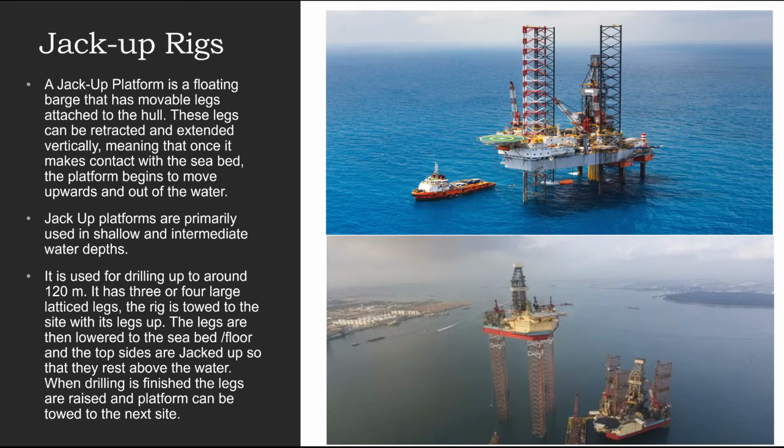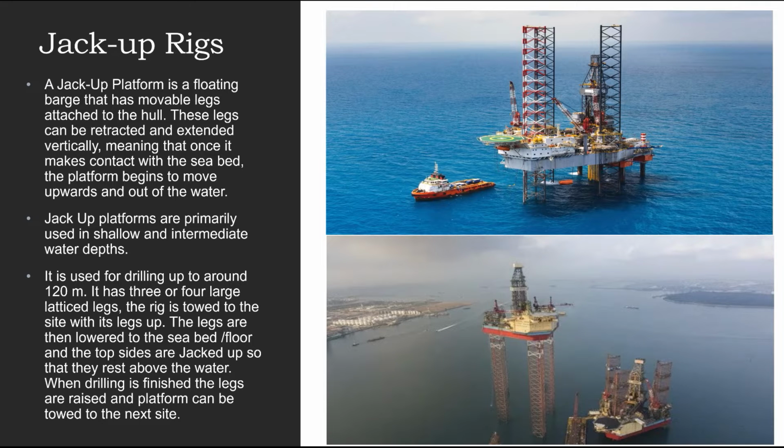Jack-up rigs. As you can see in this picture, jack-up rigs are used in shallow and intermediate water depth. It has 3 or 4 legs that can be lowered down to the seabed at the drilling location. These trusses or legs, 3 legs, sometimes 4. When the drilling is finished, these legs are raised up again and the rig can be towed to a new location. These jack-up rigs are normally used for drilling wells up to 120 meters deep.